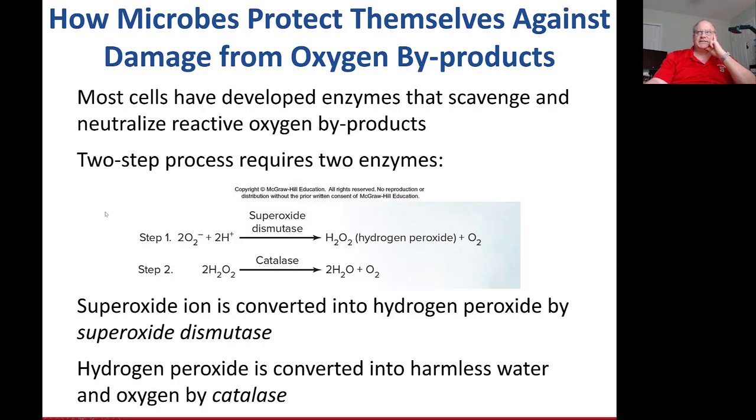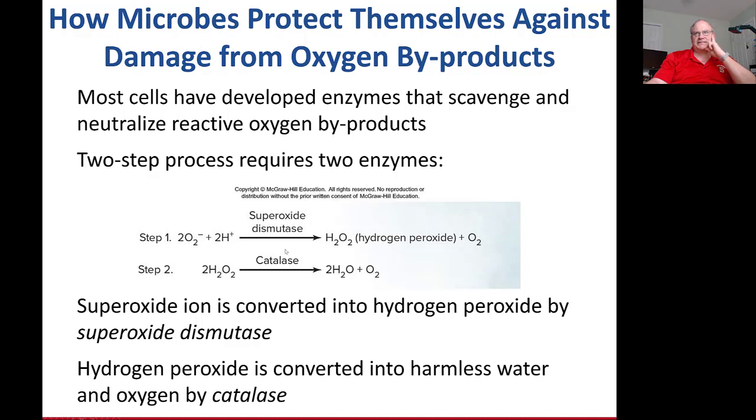So most cells have developed enzymes that scavenge and neutralize these reactive oxygen byproducts. The two-step process requires two enzymes, superoxide dismutase and catalase. Now we just talked about both of those, but the superoxide ion is converted into hydrogen peroxide.